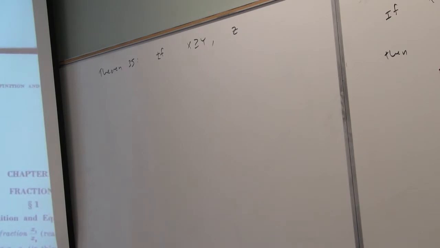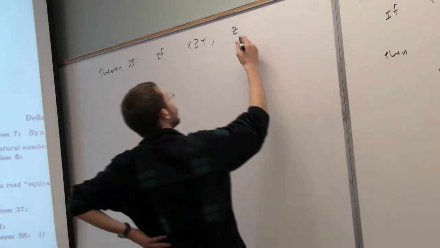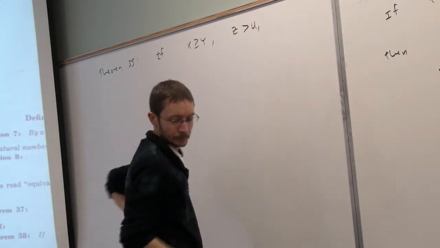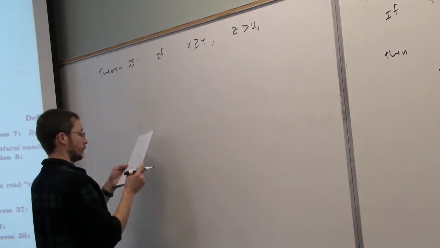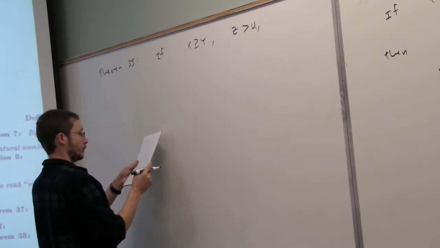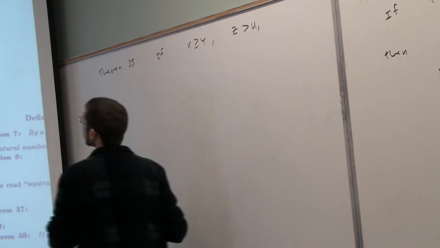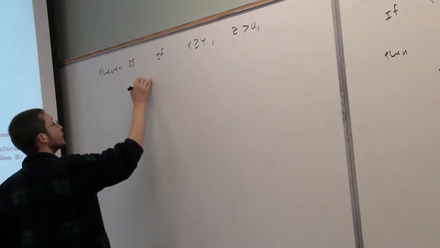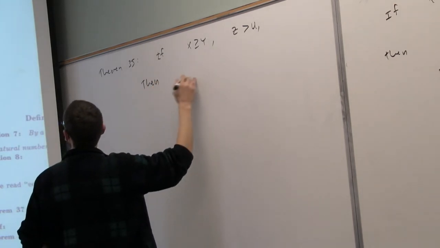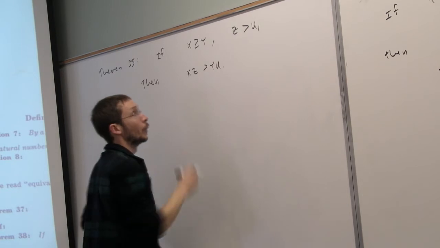If x is at least y and z is at least u, then xz is greater than yu.